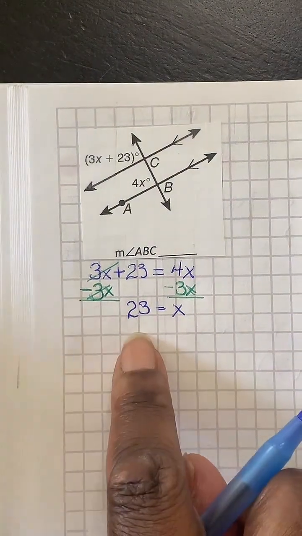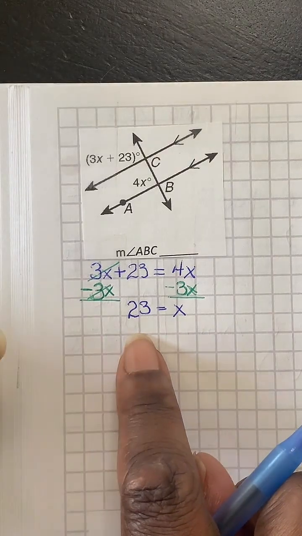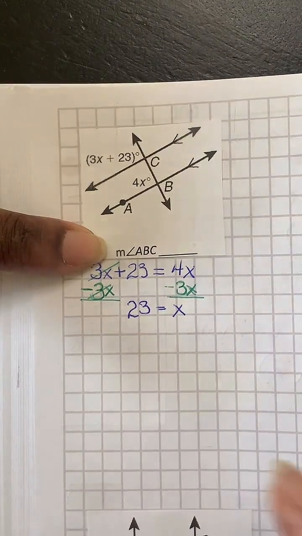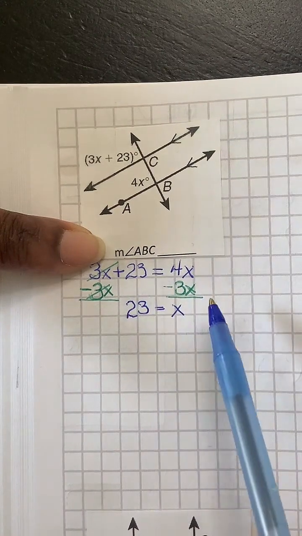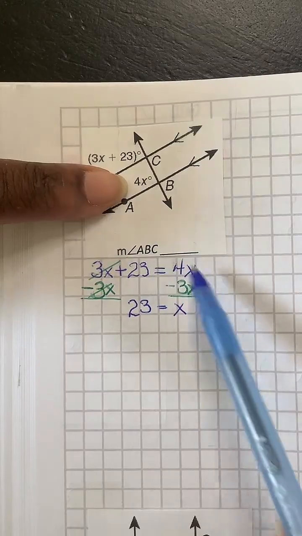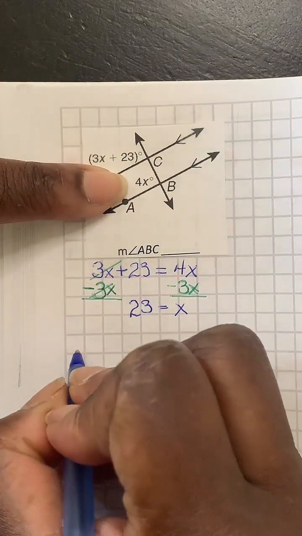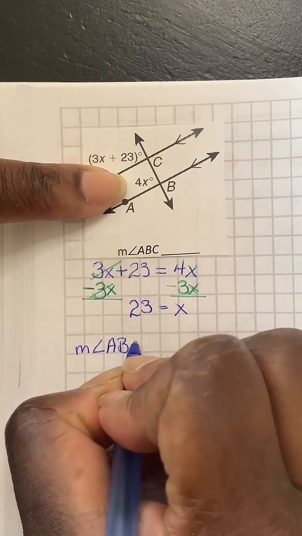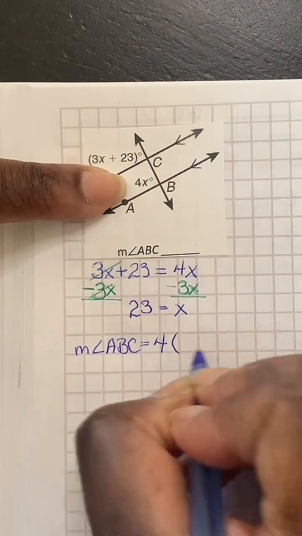And you're probably saying, well, Audrey, people are saying 92. How did they get 92? Pause. Always go back to the question. It's asking, what's the measure of angle ABC? Angle ABC is 4x. So I'm going to write the measure of angle ABC, and it's going to be 4 times x.